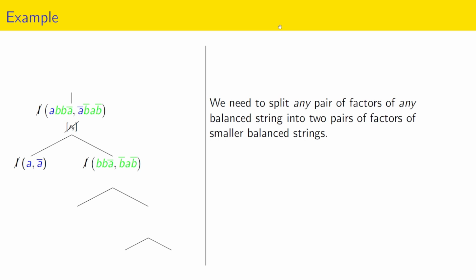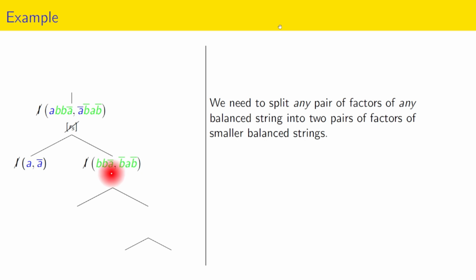And the idea here is that in whichever balanced string you're given, and in whichever way it's split into 2 factors, you can always split it further into 4 smaller factors, such that they are related in pairs, they are balanced.